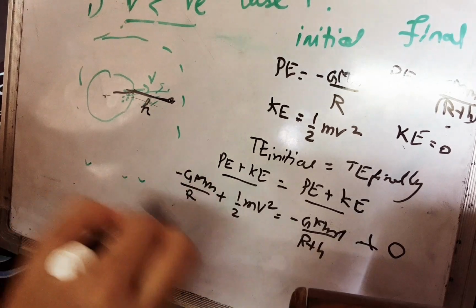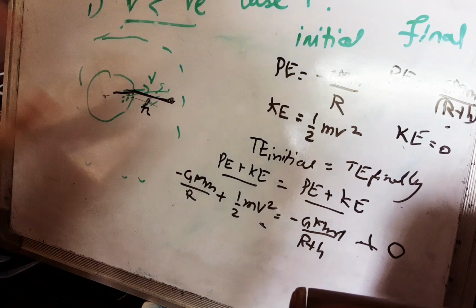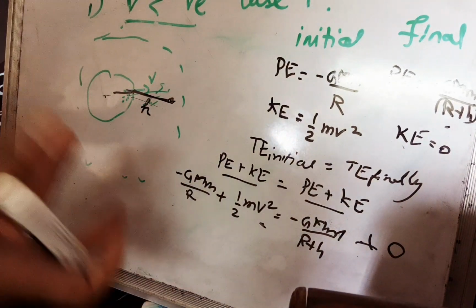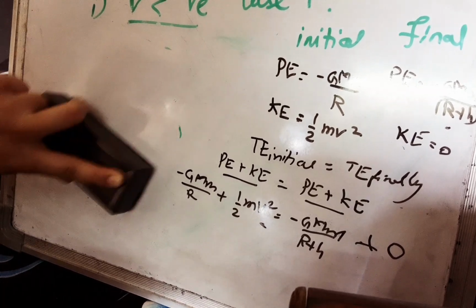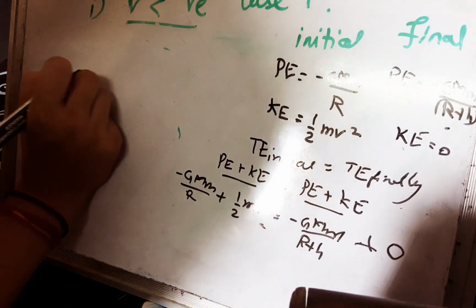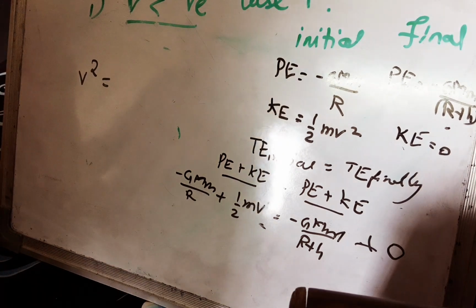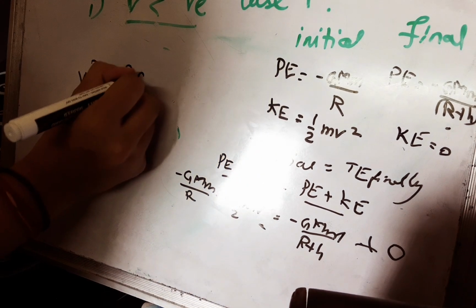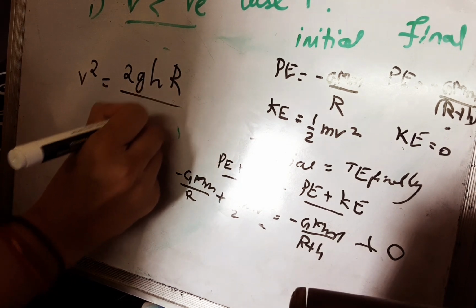When you solve this, I will directly tell you the value of velocity, because instead of the solving part, you should directly remember the results in these cases. So v square is equal to 2ghr upon h plus r.